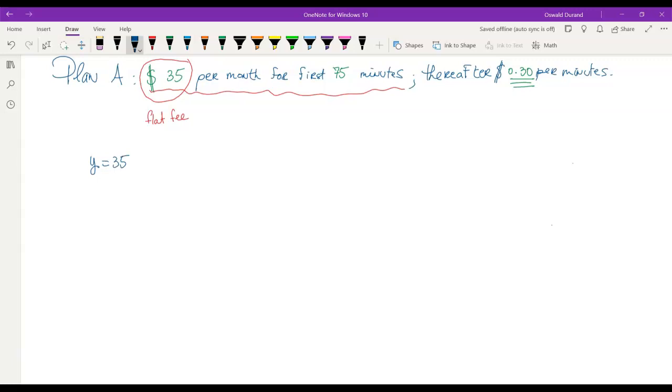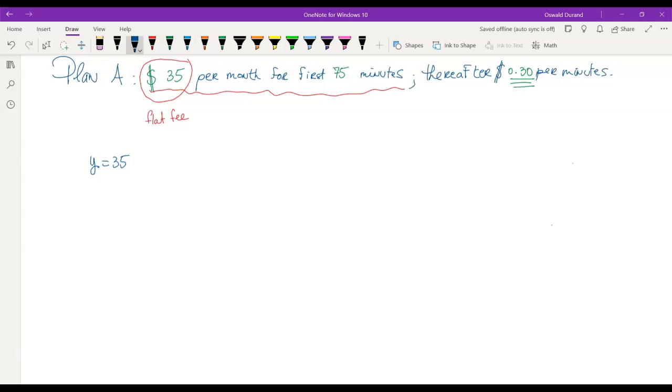But there's a catch here. It's not a flat fee for unlimited use, right? Because basically y equal to 35 would be unlimited use. We have a restriction, and that restriction is for anything below 75 minutes. And so we need to clarify that.